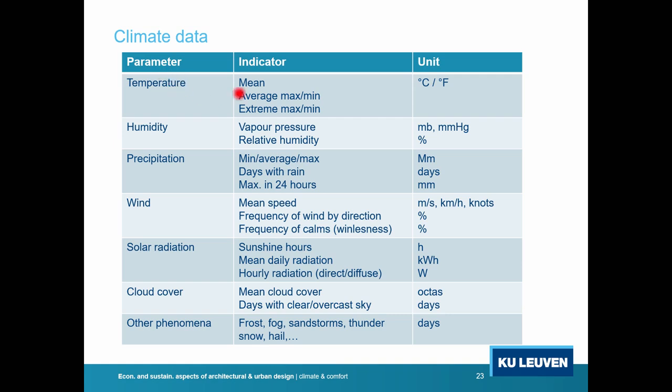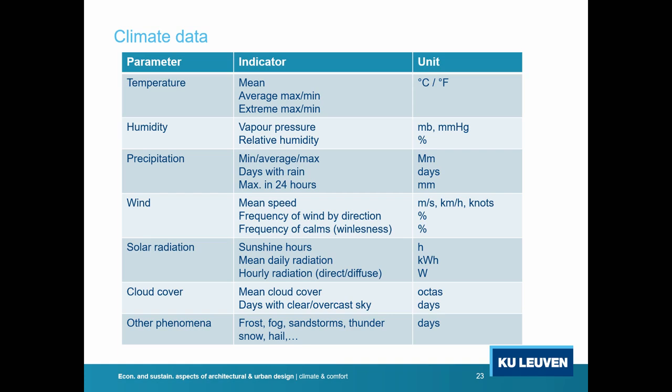Typically, we have different indicators describing these, expressed in different units. For example, for temperature, we typically use a mean temperature, or an average temperature or extreme temperature. So you have different parameters. And we will look at some of them in the coming hour, but also next week.